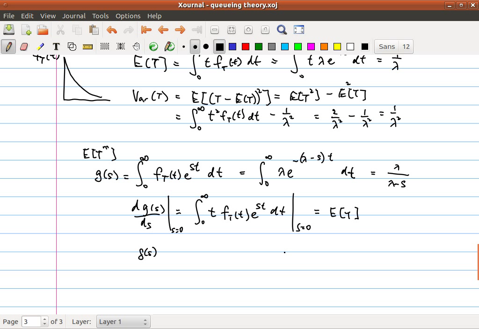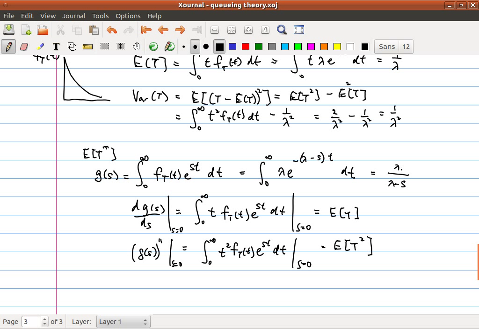So I take the derivative of G(s) twice. That will give me the integral of t squared f_T(t) e^(st) dt, right? Now again, if I set s equal to 0, this will give me the expectation of t squared.